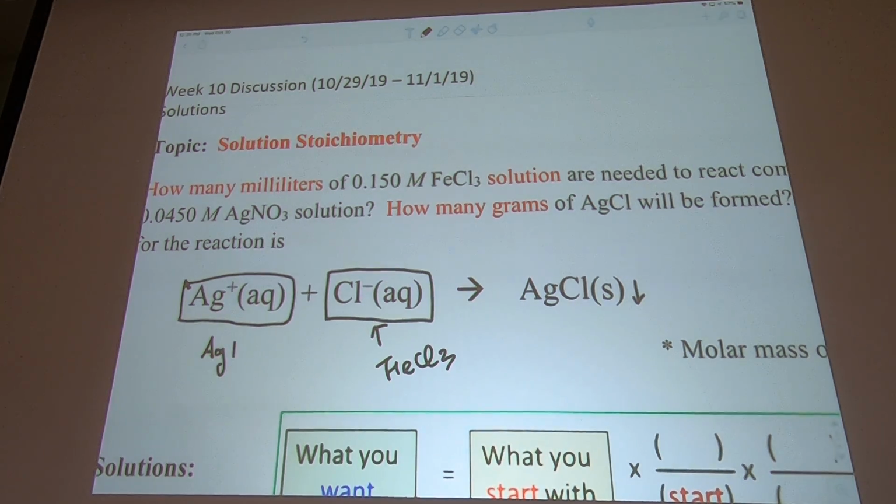AgNO3, and they're producing this. And when AgNO3 produces Ag plus, it makes NO3 minus, and Fe, I guess 3 plus, and they're what we call the spectator ions. Have you heard about that? Spectator ions, they're just spectators.